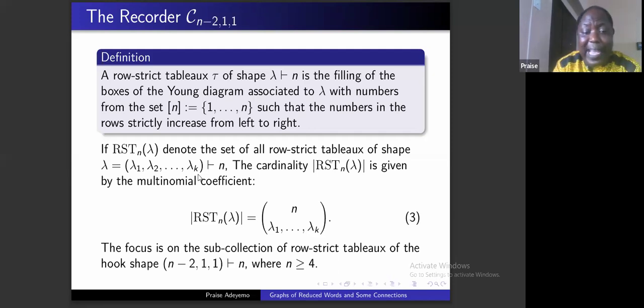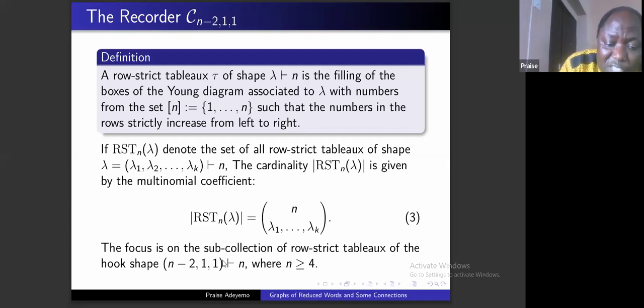So if that is the case, the question is how do we count, given a shape lambda, how many row strict tableaux there are? The number is given by what we call the multinomial coefficient. But in our own case, what we are interested in now, we are using the cycle type of our permutation.